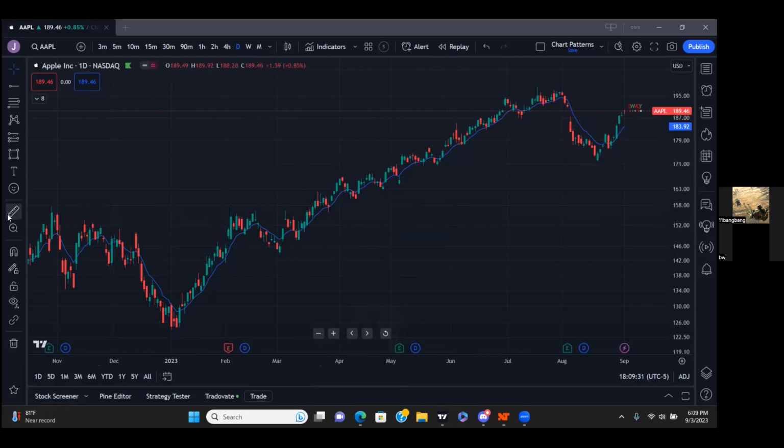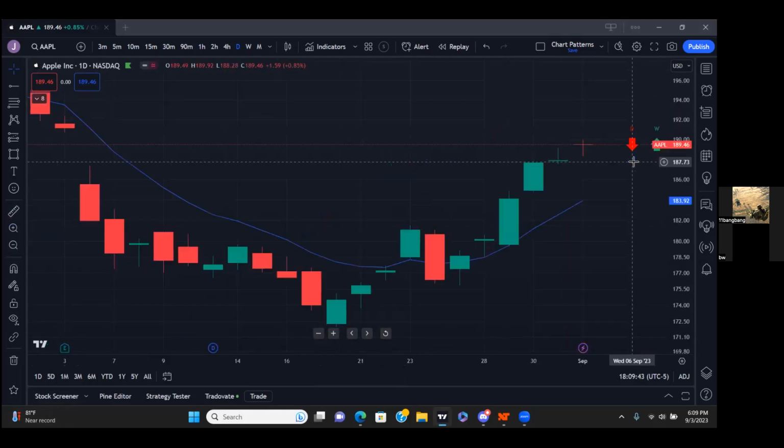Click that and then put a square on the area that we're in right now, a little higher. Perfect. Let's just see what areas we're working with. Do we have any gaps to fill to the upside and downside first?